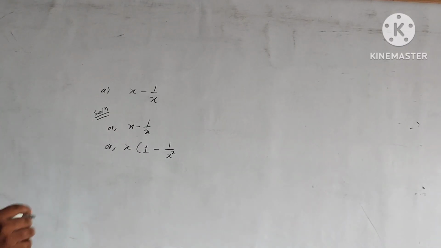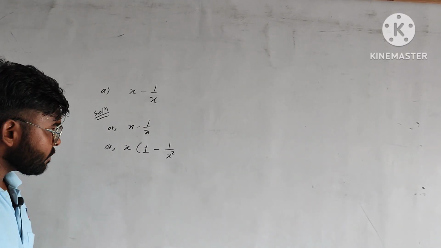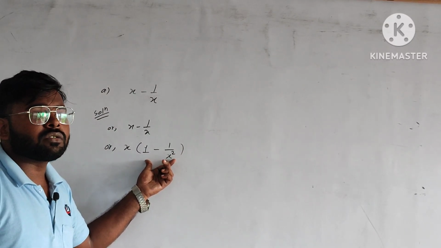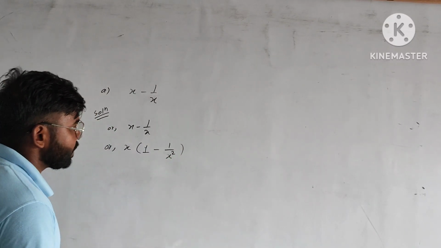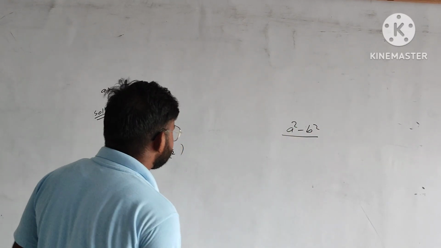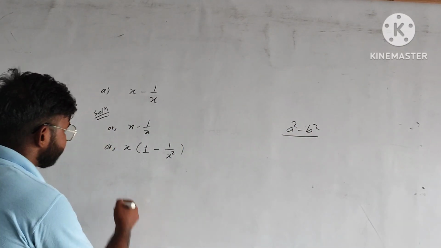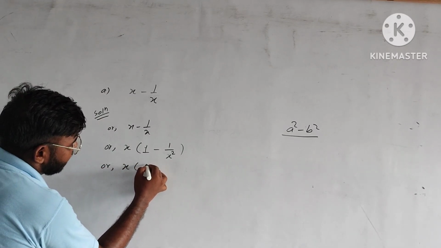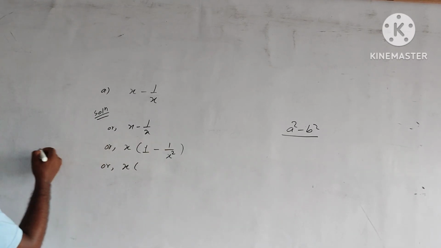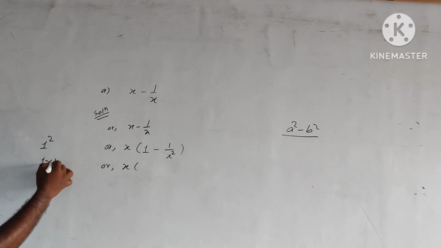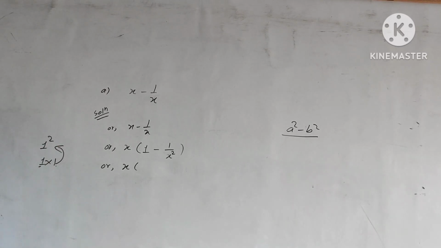Now after that, we can convert this into the formula, like the formula a square minus b square. Now let's see how. In the bracket, you can see there is 1. The square of 1, if we do 1 into 1, we get 1 square here.